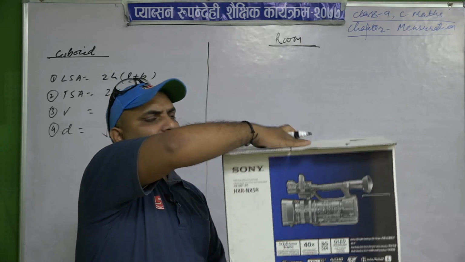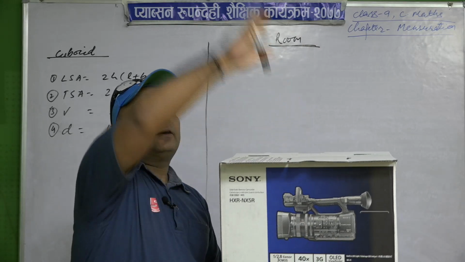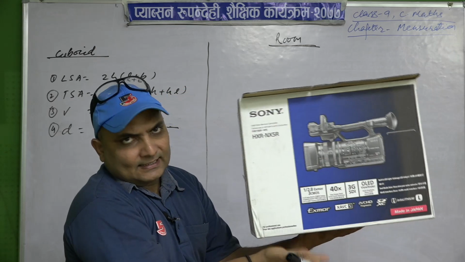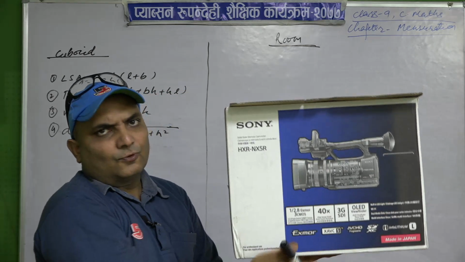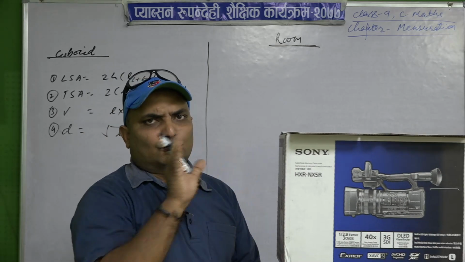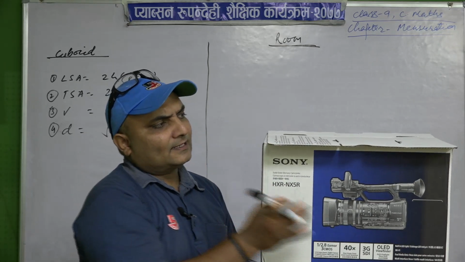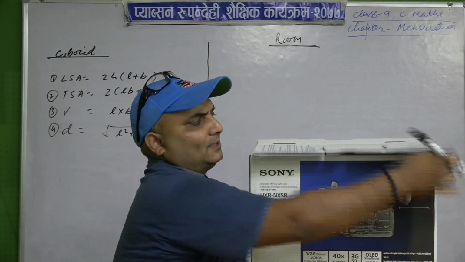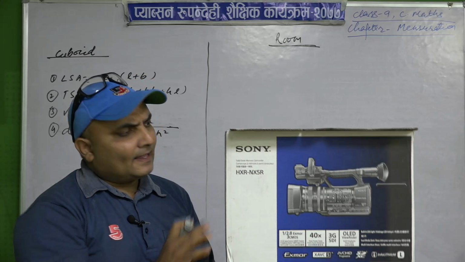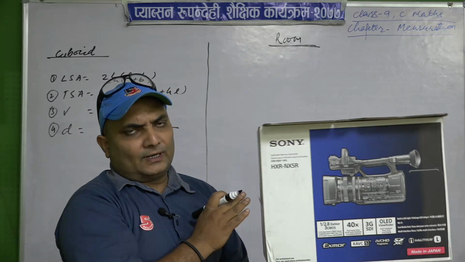In the room, the upper side is called the ceiling. This is also rectangular, and this is called the floor. So if you consider this cuboid as your room, then the area of these 4 walls will be the lateral surface area of this cuboid.